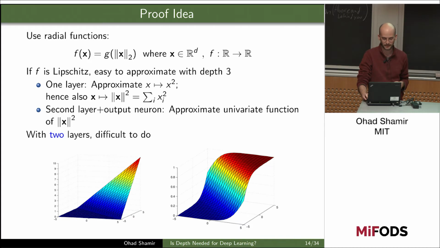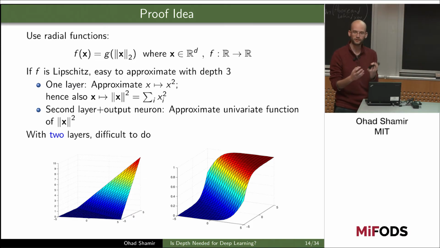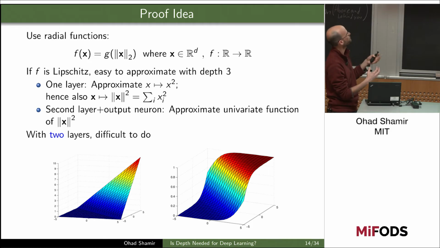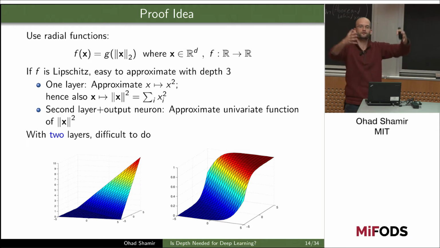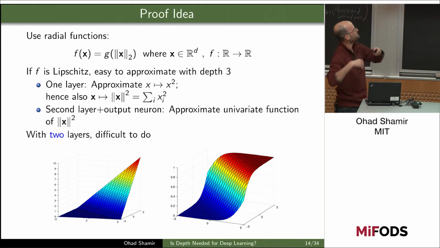But the argument is that with two layers, radial functions are difficult to approximate. And the intuition is that, again, a two-layer network is just a linear combination of neurons which geometrically look like this. So if I'm thinking of a radial function like x maps to norm of x squared, it's a function that is curved in all directions, in d dimensions.